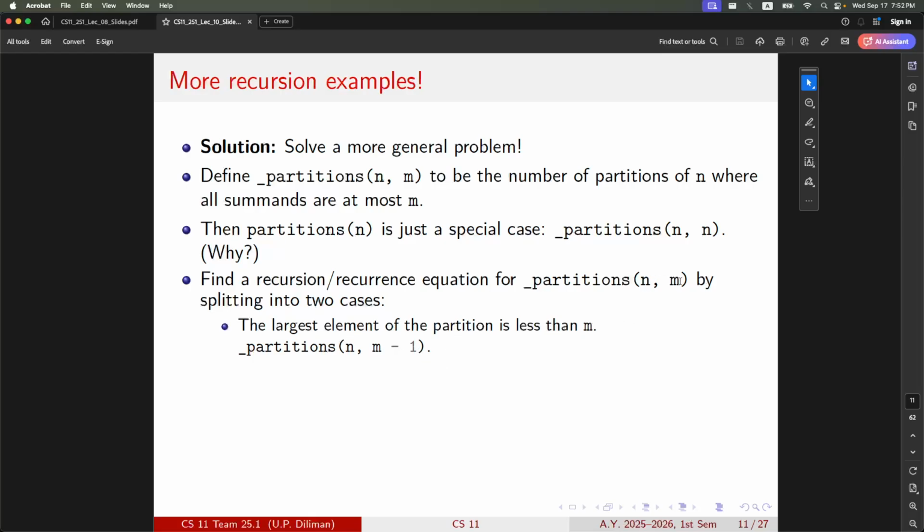Or we could set m to be the largest element of the partition and partition the rest of what remains. So that's n minus m, and we are going to partition that using m again.